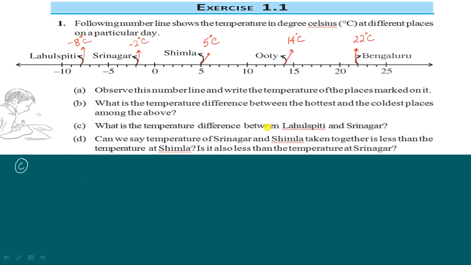Now, question number C, you see here, what is the temperature difference between Lahaul Spiti and Srinagar, right? The temperature of Lahaul Spiti is minus 8 degrees centigrade.